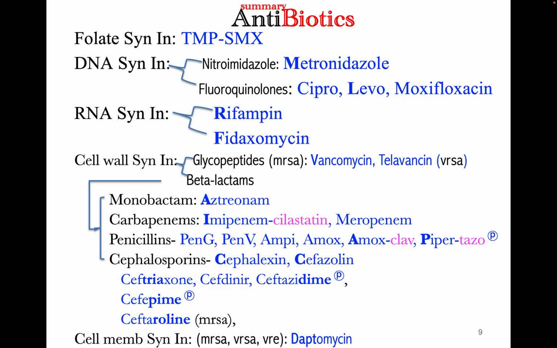Therefore, they are used in the hospital setting, not a commonly prescribed drug. Okay, so no cross-reactivity with beta-lactams. That is another important point to remember. If a patient has a beta-lactam allergy, you can use this drug. That's why it's kind of a life-saving drug.